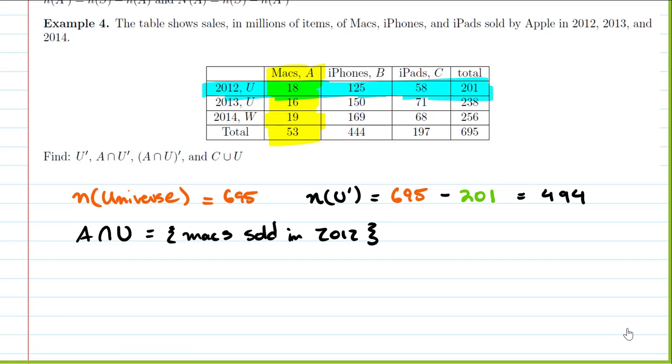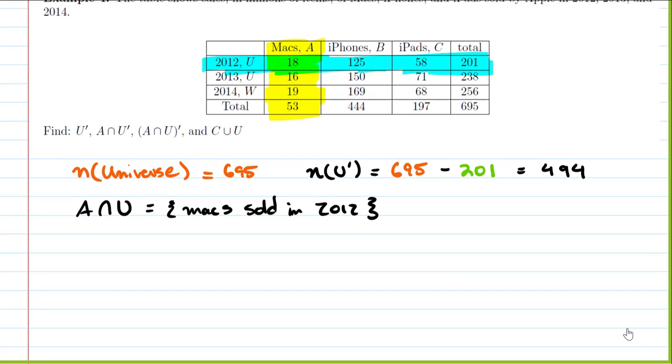But now we want its complement, which is going to be everything but the Macs sold in 2012.